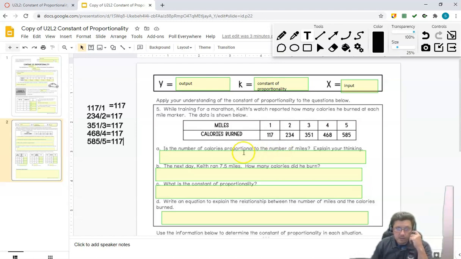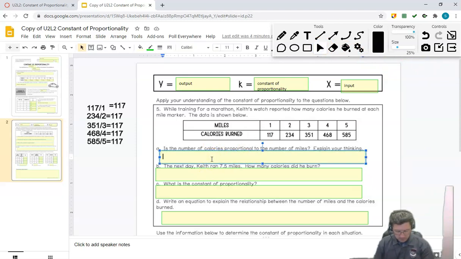So yes, we can say that it is proportional. The ratio is always 117.